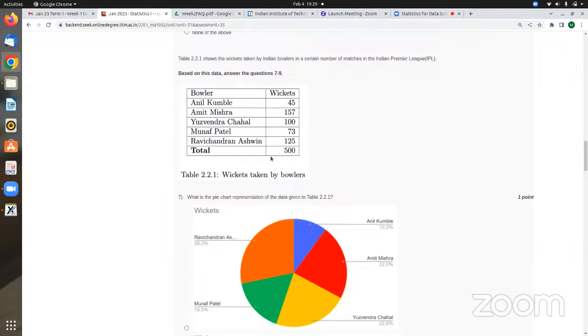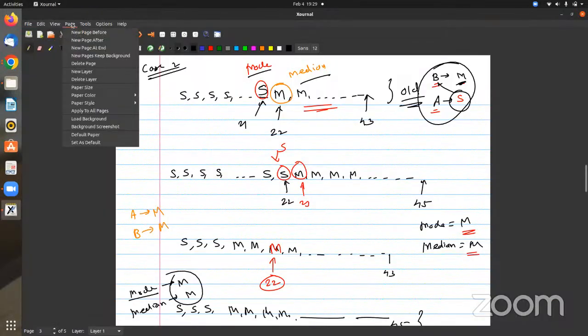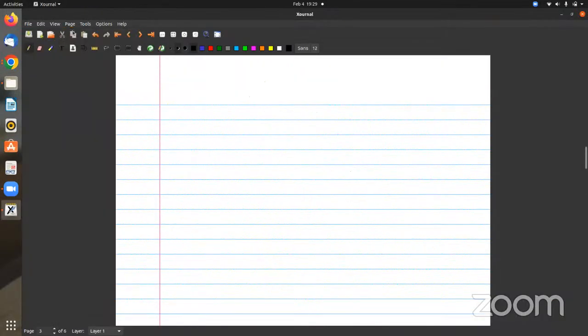Maybe I'll try to solve. Can you tell me the numbers once again? What is the variable here? Total 500. No, the table.